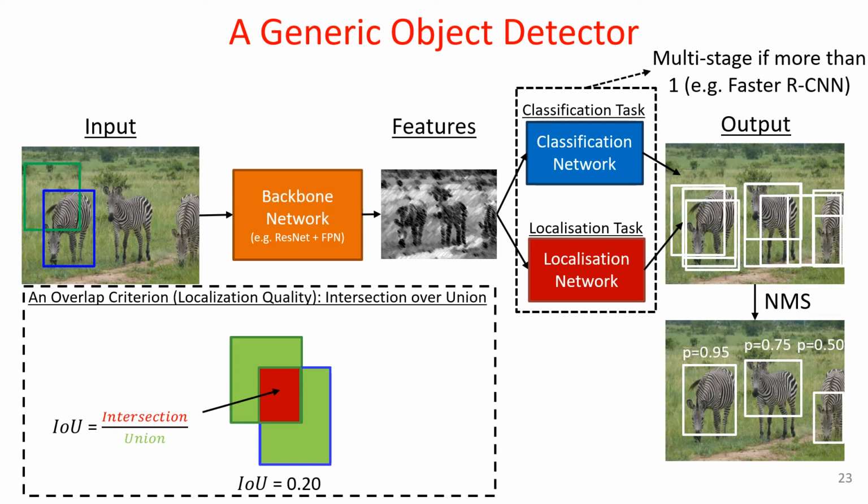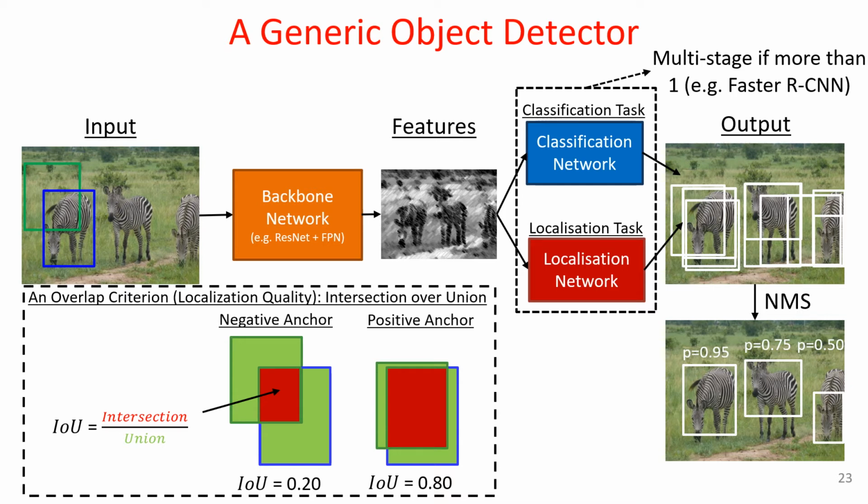If the green box gets closer to the blue box, then their intersection will increase and union will decrease, implying a better overlap. IOU is used, for example, while matching the anchors with ground truth boxes. An anchor is positive if it has a large IOU with a ground truth box, else it's a negative anchor and needs to be classified as background.